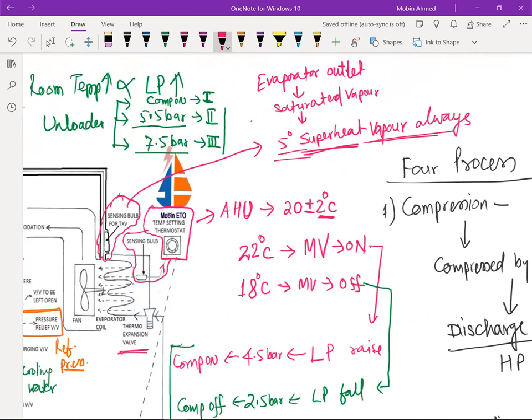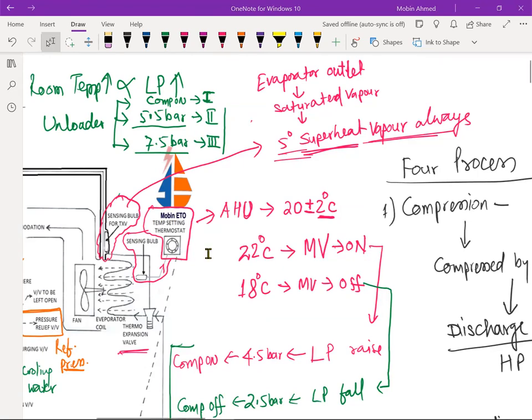Your TV allows the liquid to pass through in such a way that the 5 degree superheat is maintained, and that is how it throttles as per the outlet of the evaporator.